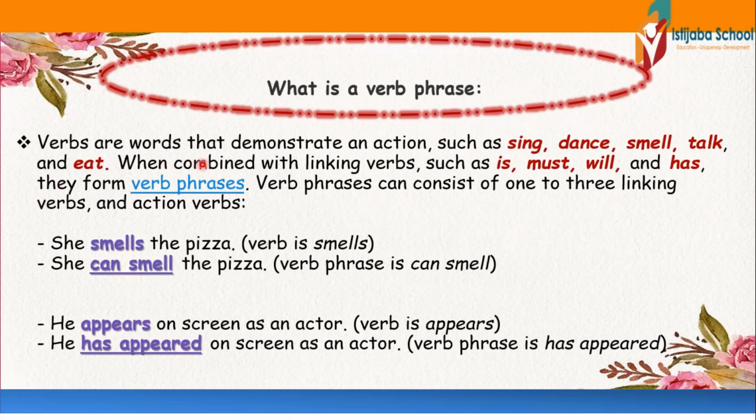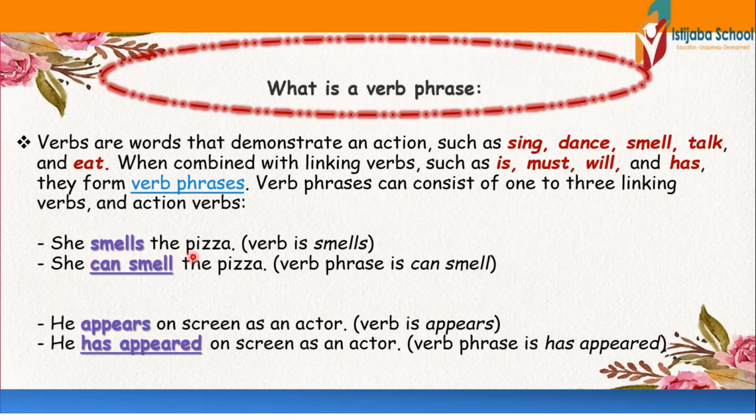So verbs are words that demonstrate an action, such as sing, dance, smell, talk, eat. When I combine the action verbs with linking verbs such as is, must, will, has, I form something that I call verb phrase.